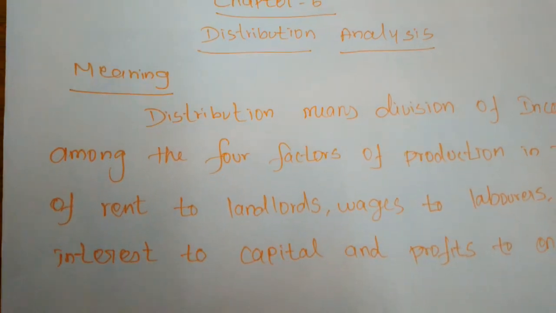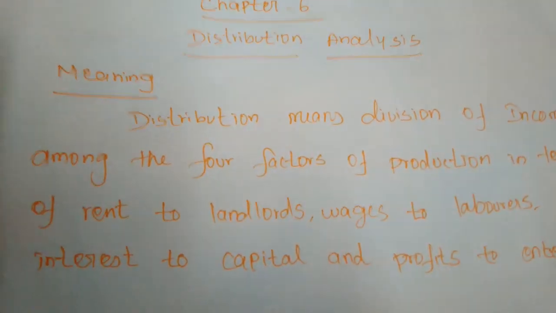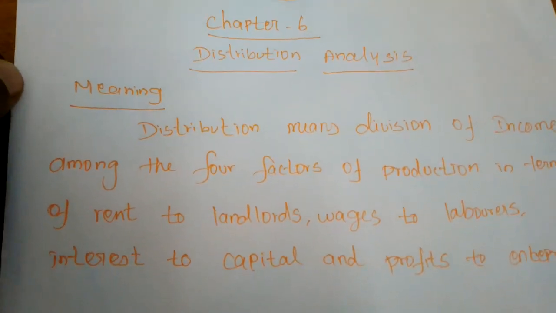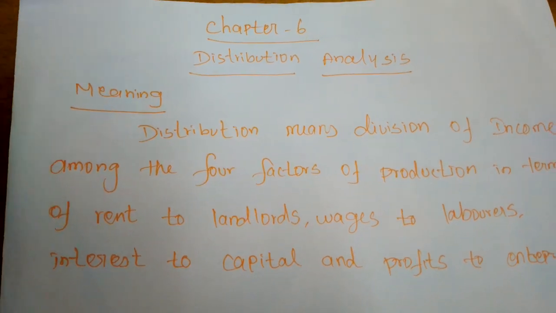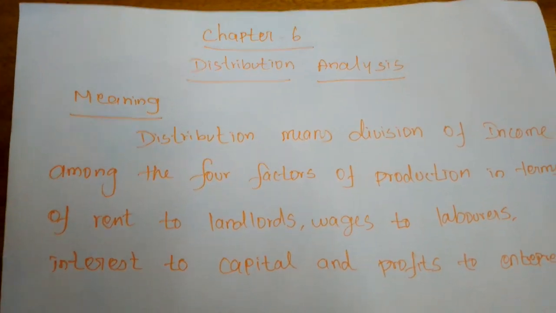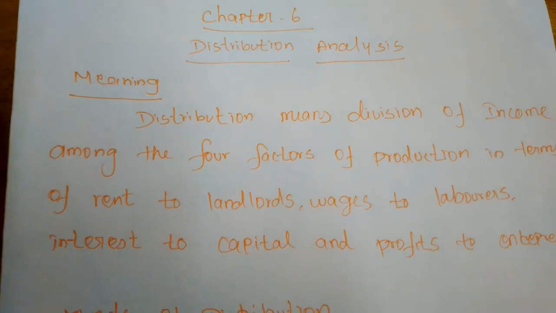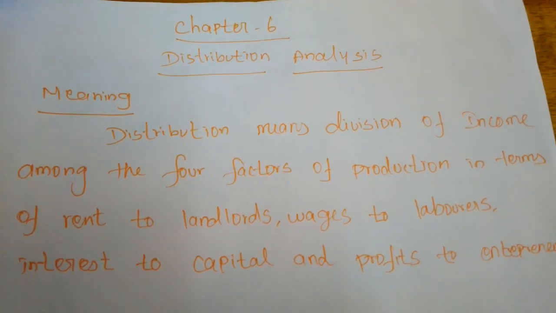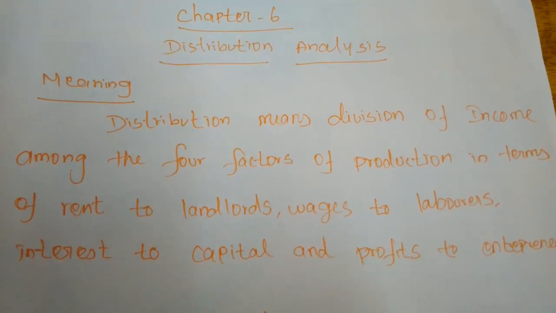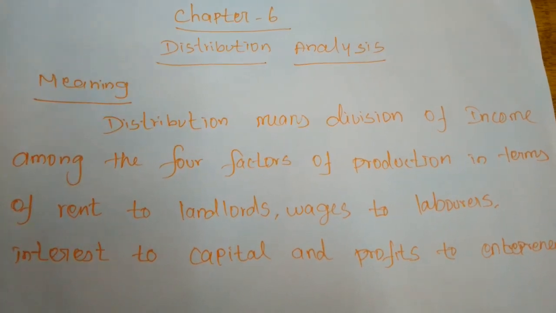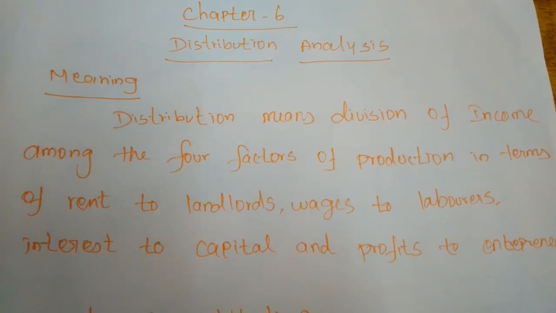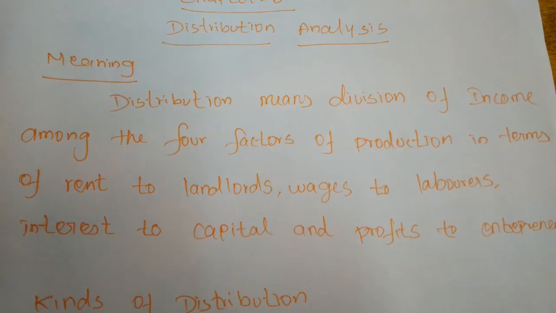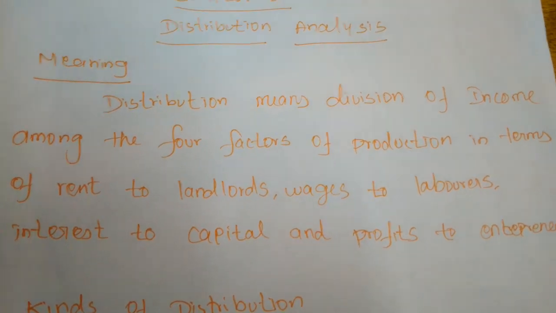Yesterday we studied the meaning of distribution analysis. Distribution means first we have to know for whom we have to distribute and what we have to distribute. Normally the producers arrange the factors of production to produce a commodity.